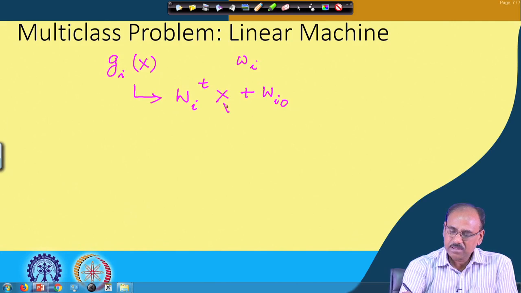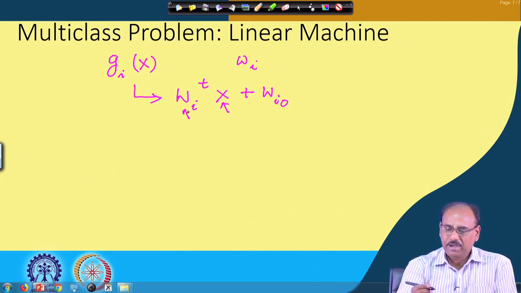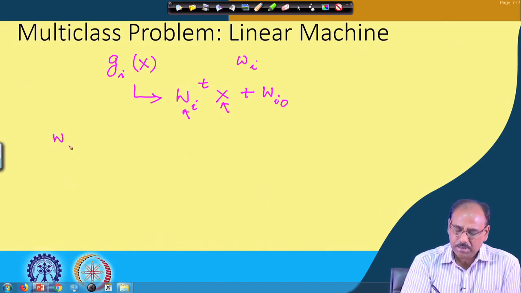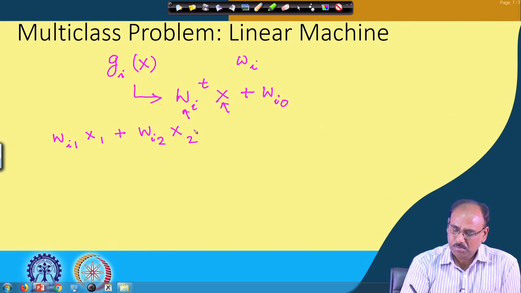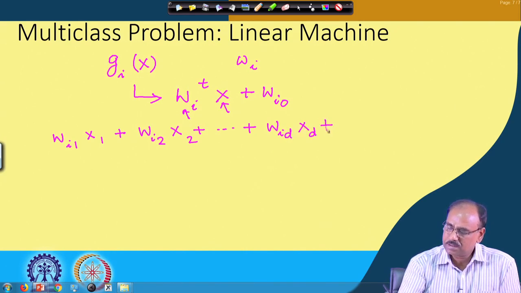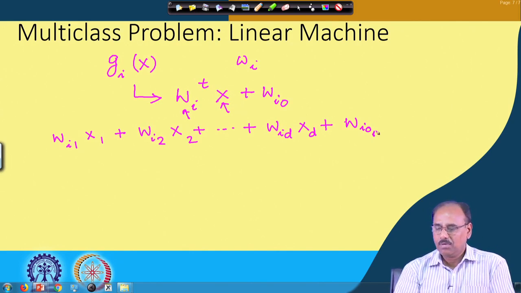where this x is a d dimensional vector, and wi is also a d dimensional vector. If I expand this expression, then my gi(x) becomes of the form wi1 x1 plus wi2 x2 plus, as there are d components, wid xd, plus wi0, which is the bias term.